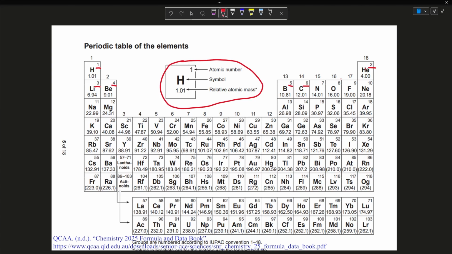And then we go down a row, 11, 12, 13, 14, 15, 16. And then potassium, calcium, and it continues on. As we read from left to right and go down the rows, we can clearly see a trend of the periodic table increasing by atomic number, since we have 1, 2, 3, 4, 5, 6, 7, 8, 9, 10, and so on.